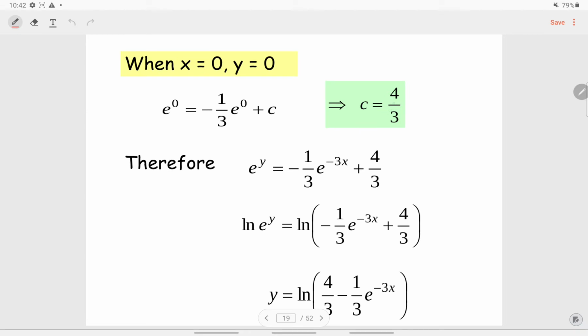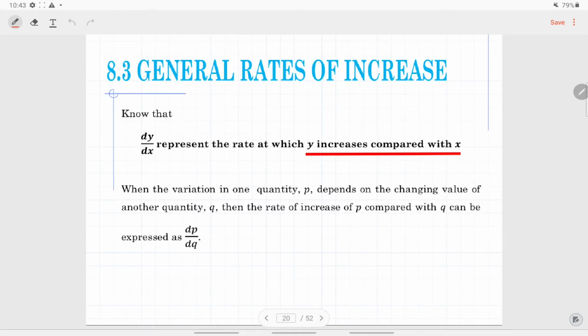We will get c equal to 4 over 3. We can substitute here the value of c, and then to neutralize the exponential, we multiply with ln on the left hand side and the right hand side. So ln exponential, we get y equals ln of 4 over 3 minus 1 over 3 exponential negative 3x.